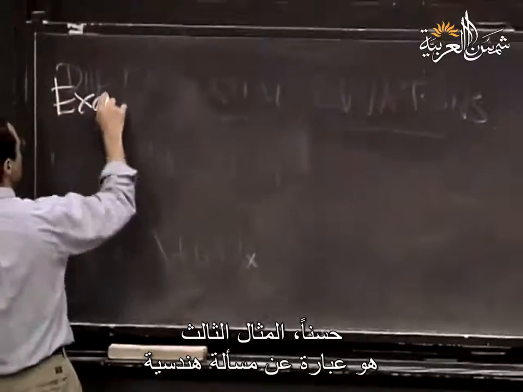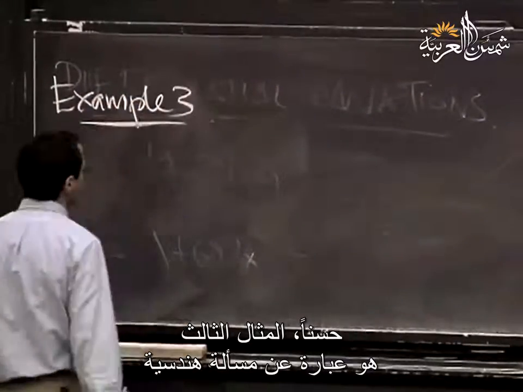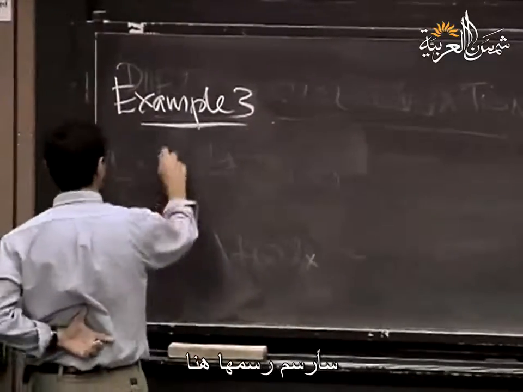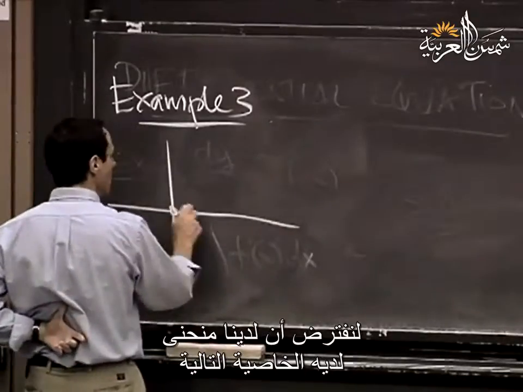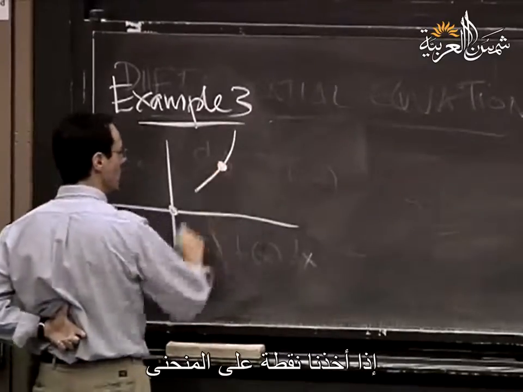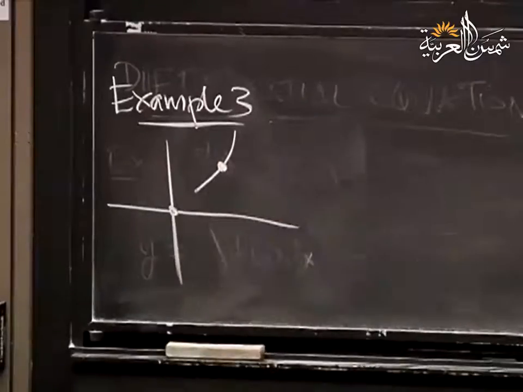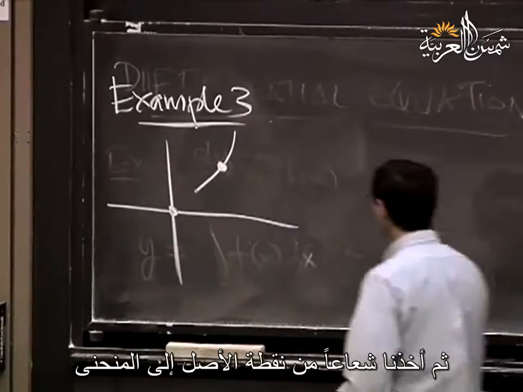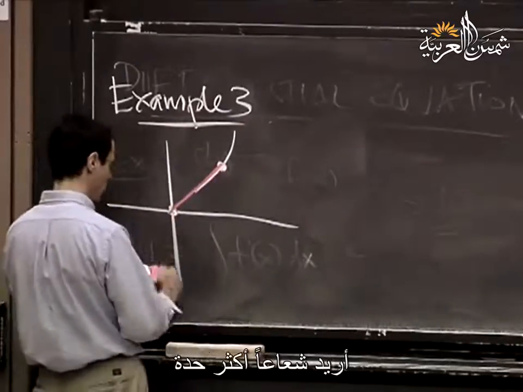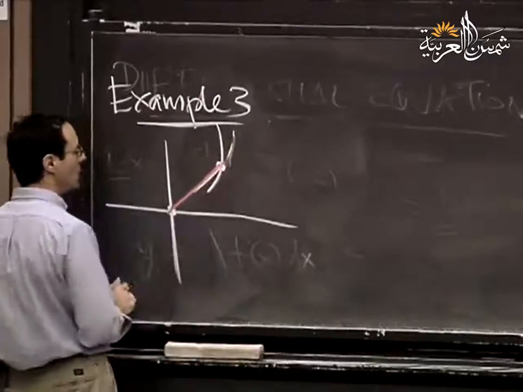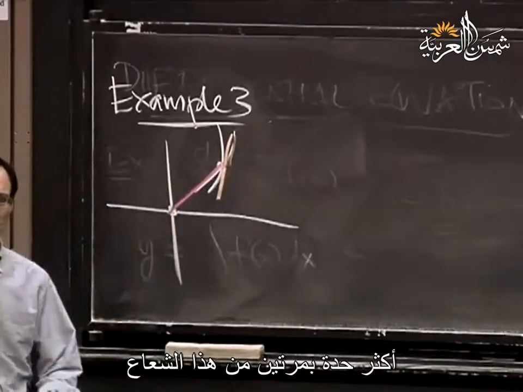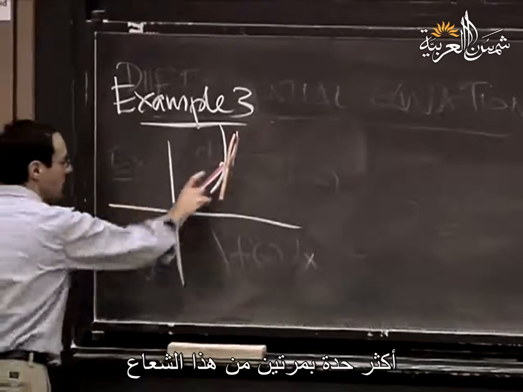Okay, so the third example is going to be taken as a kind of geometry problem. I'll draw a picture of it. Suppose you have a curve with the following property. If you take a point on the curve and you take the ray from the origin to the curve, I think I'm going to want something steeper, because what I'm going to insist is that the tangent line be twice as steep as the ray from the origin.